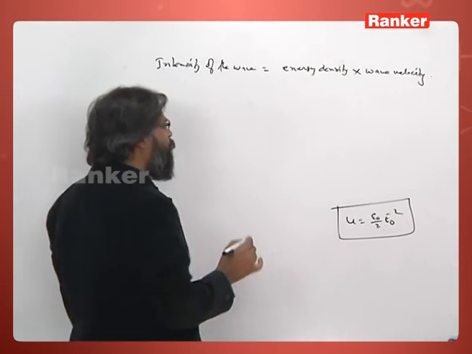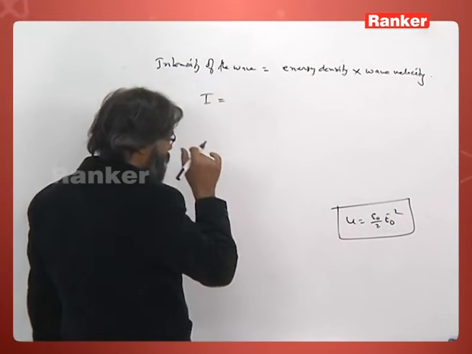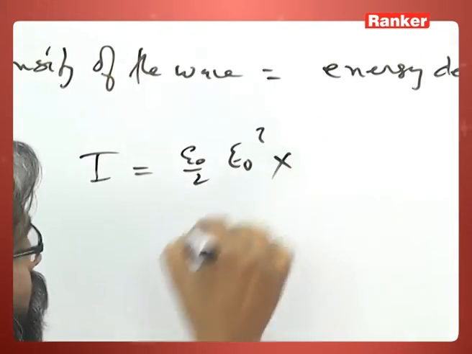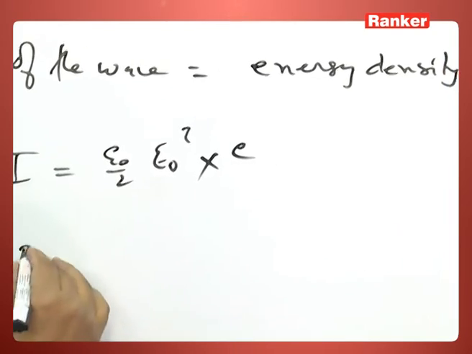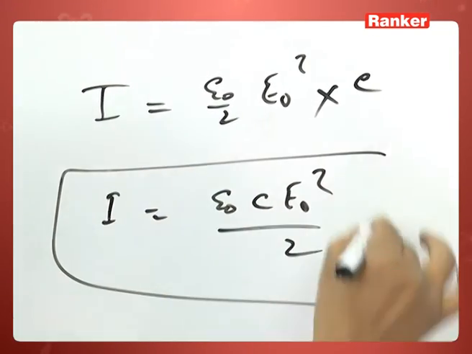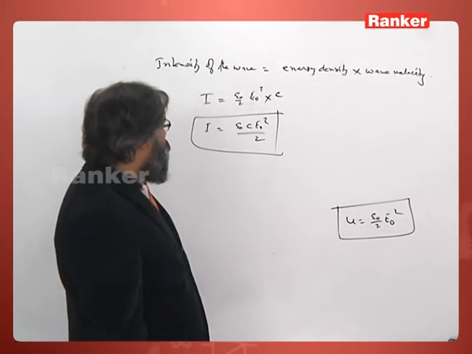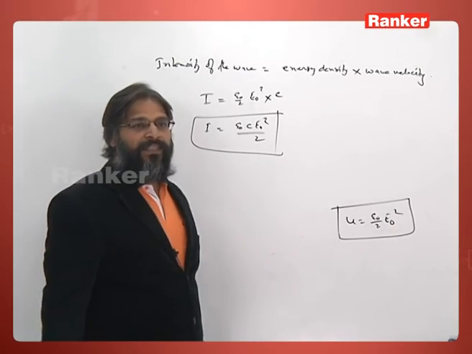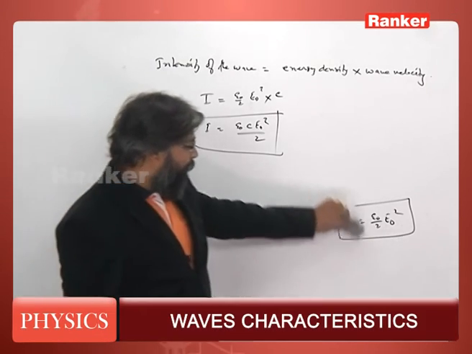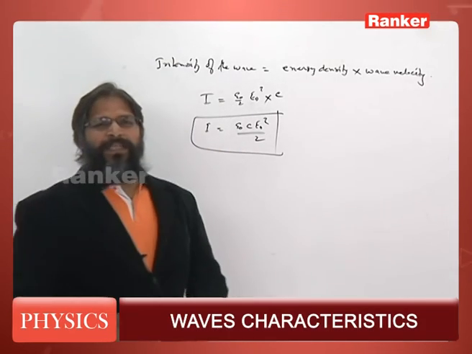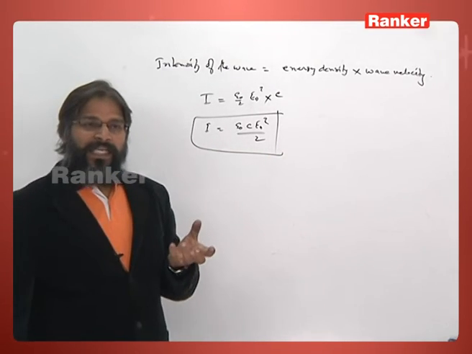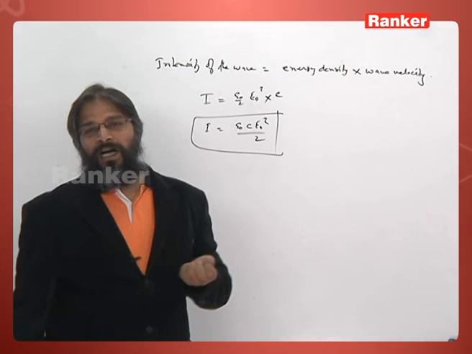I is equal to energy density, which is epsilon naught by 2 E naught square, times wave velocity C. So this is epsilon naught C E naught square by 2. So this is how the energy is carried by an electromagnetic wave.